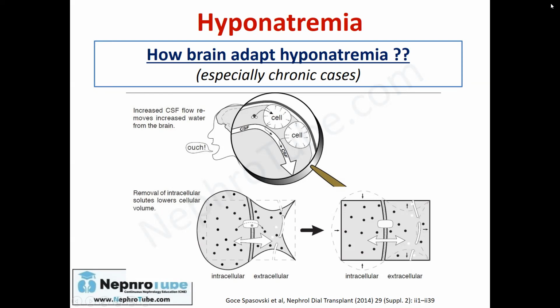mechanism that the brain uses to adapt to hyponatremia is removal of intracellular solutes. You will find that some solutes will move from inside the brain cells to the extracellular space, and this will osmose water with this movement to make equilibrium between the intracellular space and extracellular space as much as possible.